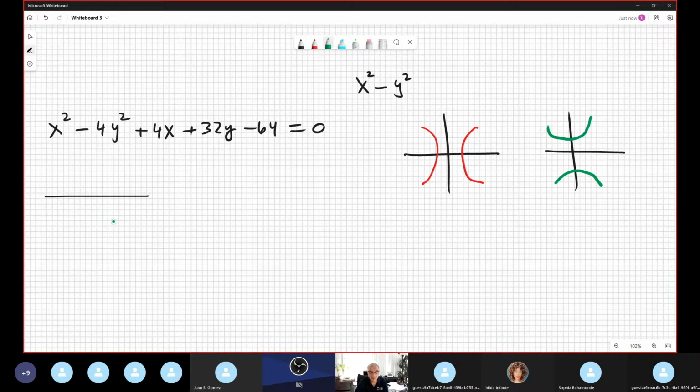This red one is horizontal and this is vertical. Why? Because the transversal axis is coincident or parallel to the x-axis. And in this kind of hyperbola, the positive part is x and the negative part is y.